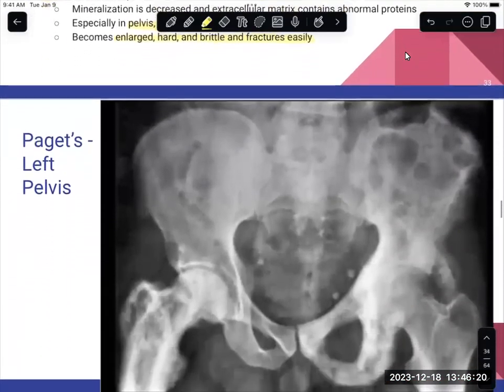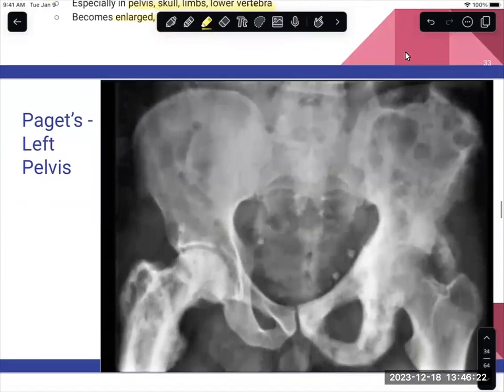So with somebody with Paget's disease, you can see it on this left side extremely well. We're looking face on, so their left side is your right side when you're looking at it. You see all of these holes throughout this bone.